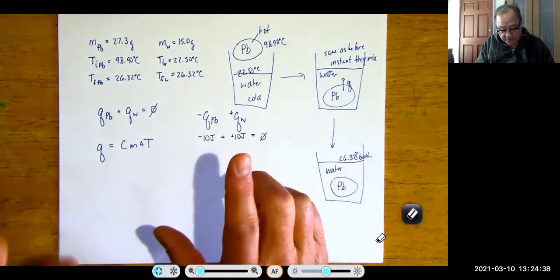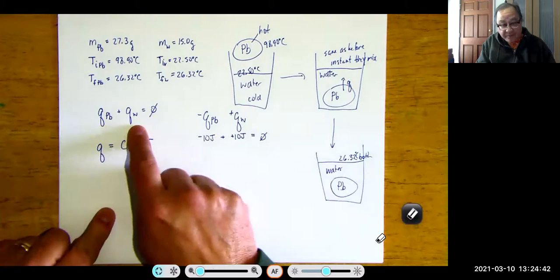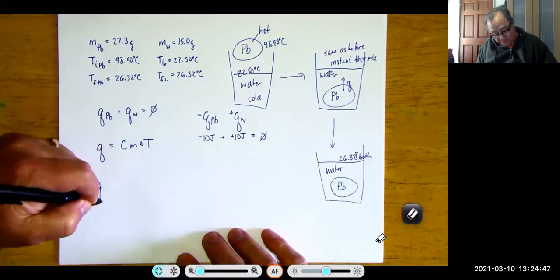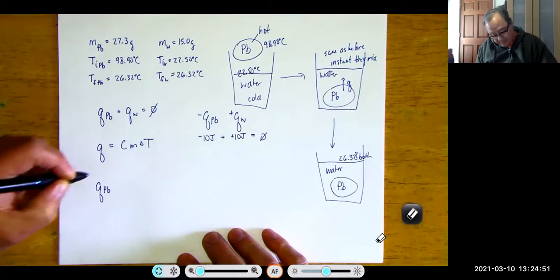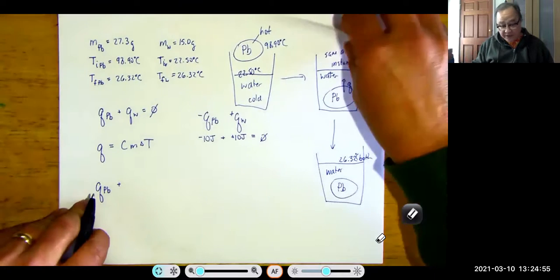Okay. So here, if we plug this formula in for each of these carefully, we can figure this out. So I'm going to view Q of the lead. And what I'm going to do actually is put this piece of paper to the side and refer back to it.